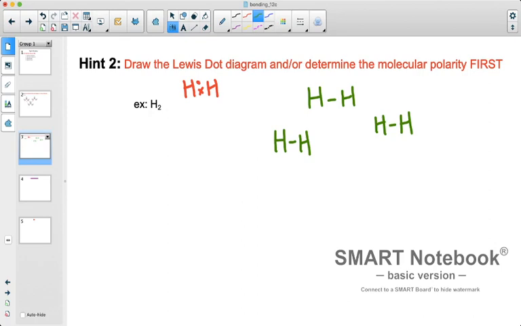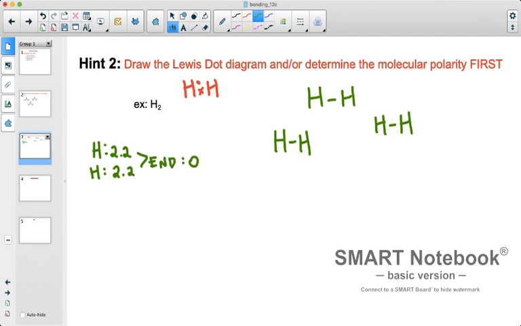Now, once I draw the Lewis dot diagram, I might not be sure exactly what intermolecular force this might have. So now I'm going to assign molecular polarity. When I look at the electronegativity of hydrogen, it's 2.2. And since I have 2 hydrogens, the electronegativity values are exactly the same. By taking the electronegativity difference, I have an ΔEN of 0.